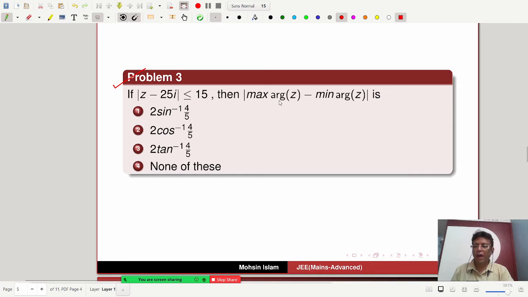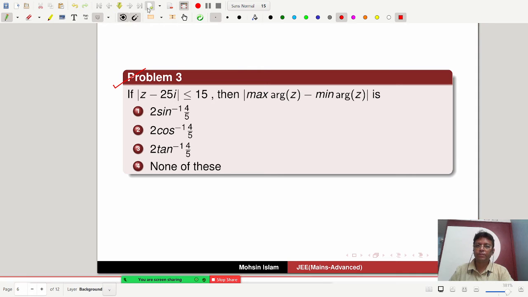So what do you mean by argument of Z? Argument of Z is nothing but the angle subtended by the complex number in the anti-clockwise direction with the positive direction of the real axis, or parallel to the x-axis. So let's solve this one.